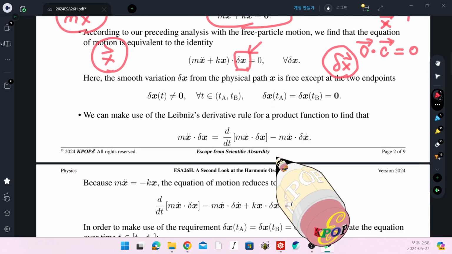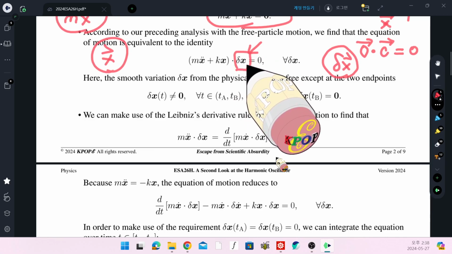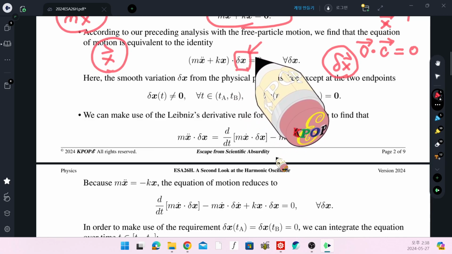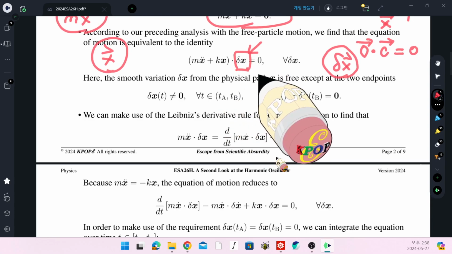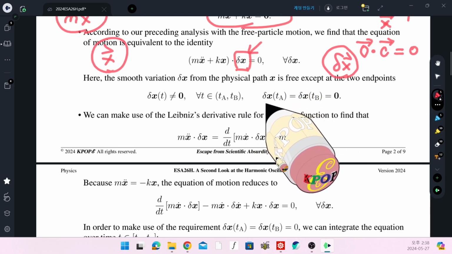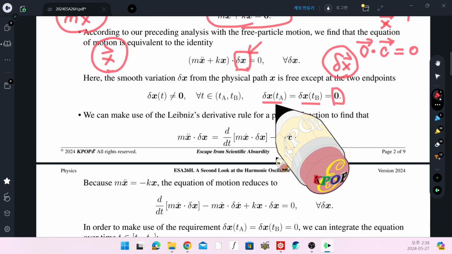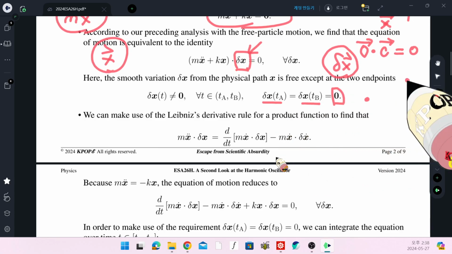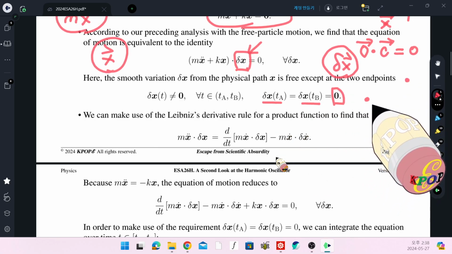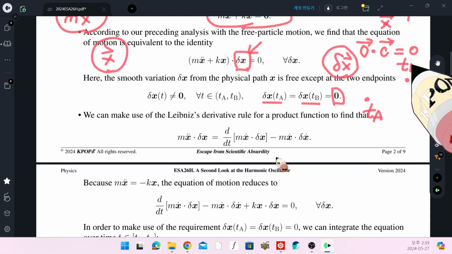By the way, we'd like to replace this arbitrary vector with a more specific vector that satisfies the boundary condition. That means its value is 0 at endpoints. Endpoints means the starting point at time ta and the endpoint at time tb.